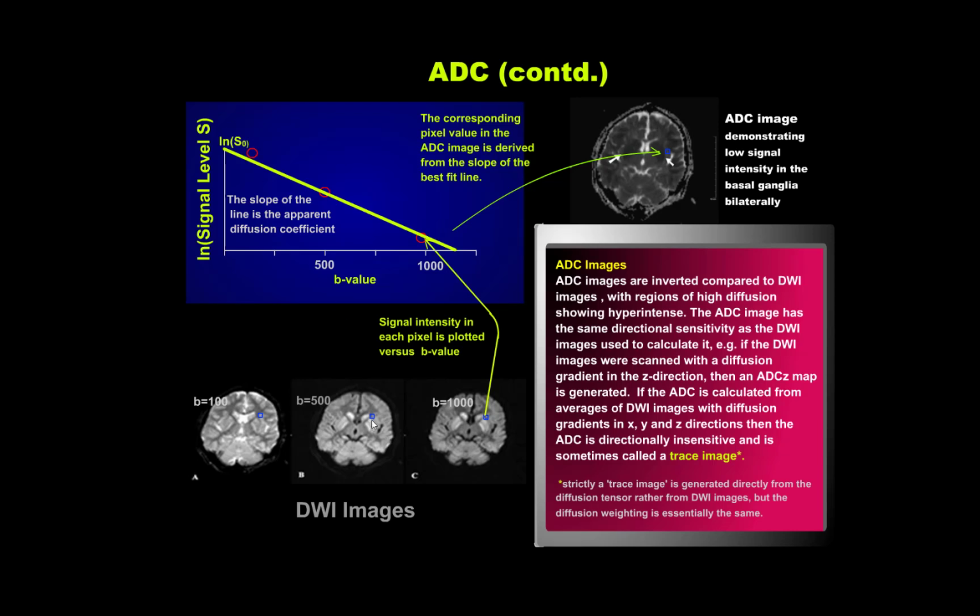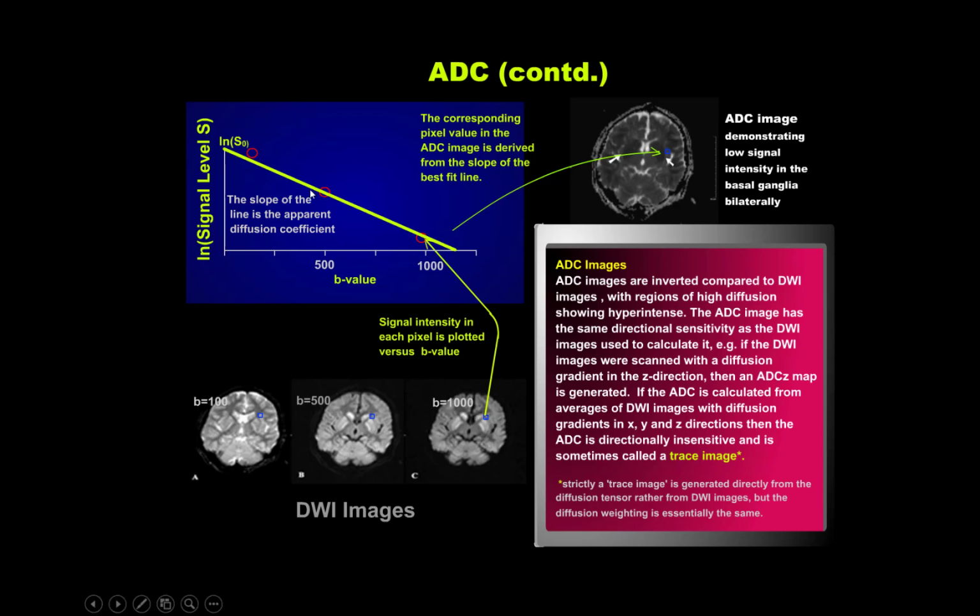The intensity of the same pixel at a different B value is plotted, and the intensity of the pixel at another B value is plotted. Now, when they're all joined up together, or we try and plot a line through them, the slope of that line is a measure of what we're looking for. It's a measure of the amount of diffusion in that pixel.